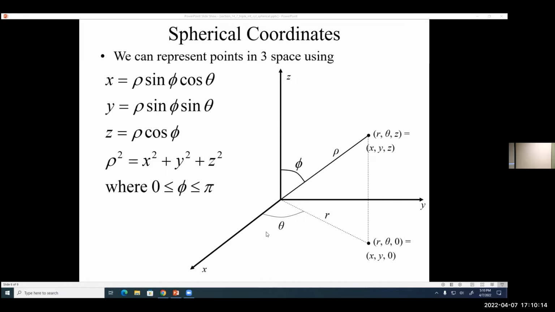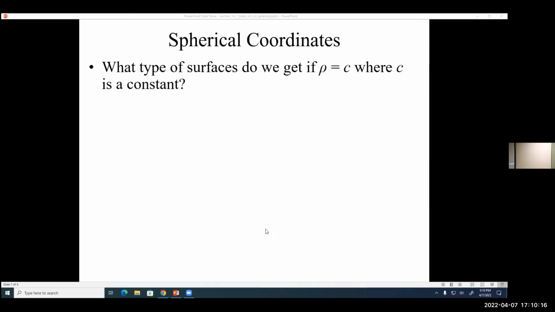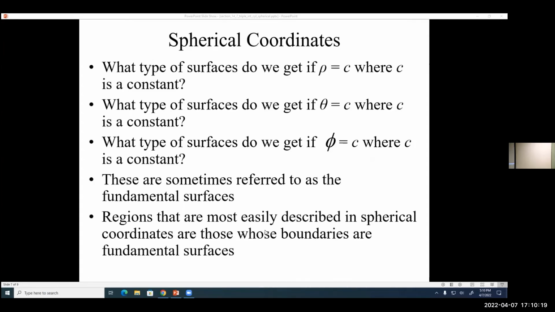Questions about that? Those are our fundamental surfaces. We go through those because that's when we're going to say spherical will be the easiest. We're going to do a couple of examples in a minute, and we'll see how many different coordinate systems we can do them in, and what looks good and what looks bad as far as actually having to calculate.